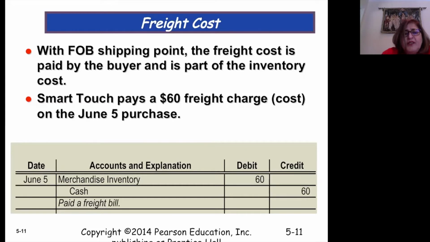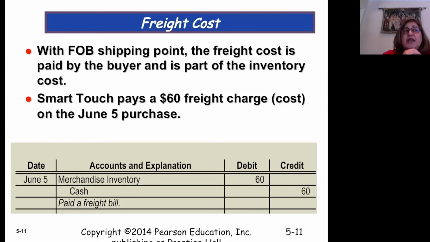Why do we debit inventory when the buyer, our company, is paying for the shipping cost? The reason is we want to really know how much money we have spent to get the inventory to our warehouse or a store. So the amount of money we spend is not only the purchase price, but also the shipping cost.